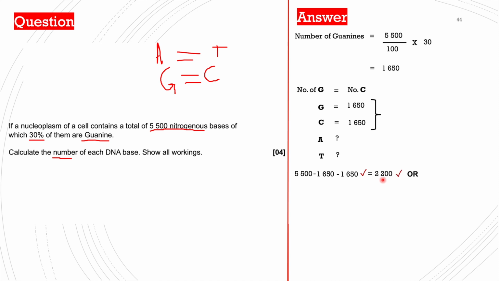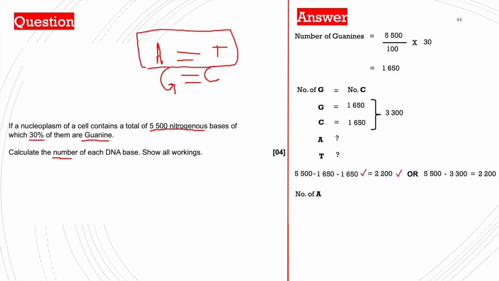Or some people may want to add 1,650 plus 1,650, which is 3,300. And you say that 5,500 minus 3,300 also gives you 2,200. Okay, so from there, we are left with 2,200 nitrogenous bases. Then those 2,200 nitrogenous bases are of adenine and thymine.